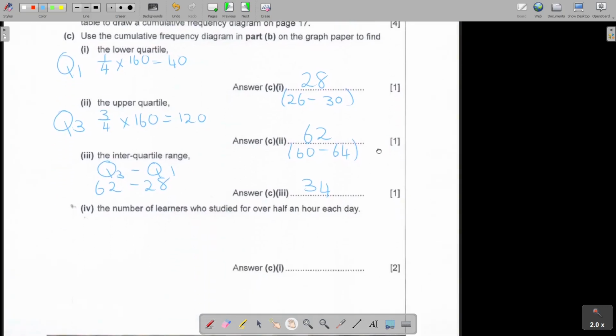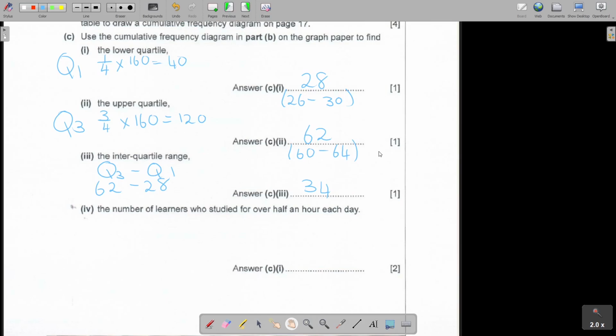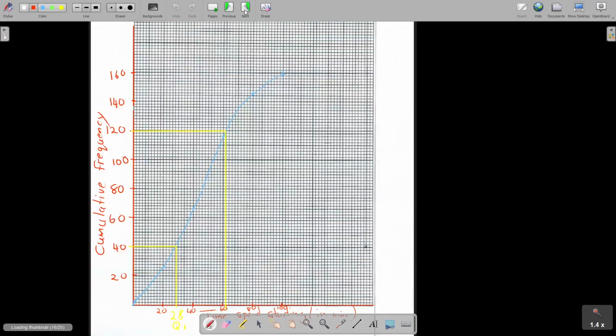And then the number of learners who studied for over half an hour each day. Over. That is very important. That means more. Half an hour is 30 minutes. So I must go to my 30 minutes.